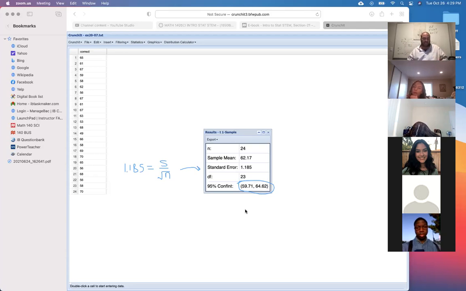But technically that's not correct. It's just how we usually think of it. It's okay to think of it that way, but it's not technically correct. Technically, 95% of all confidence intervals of size 24 will catch the true value. That's what it means that we are 95% confident.